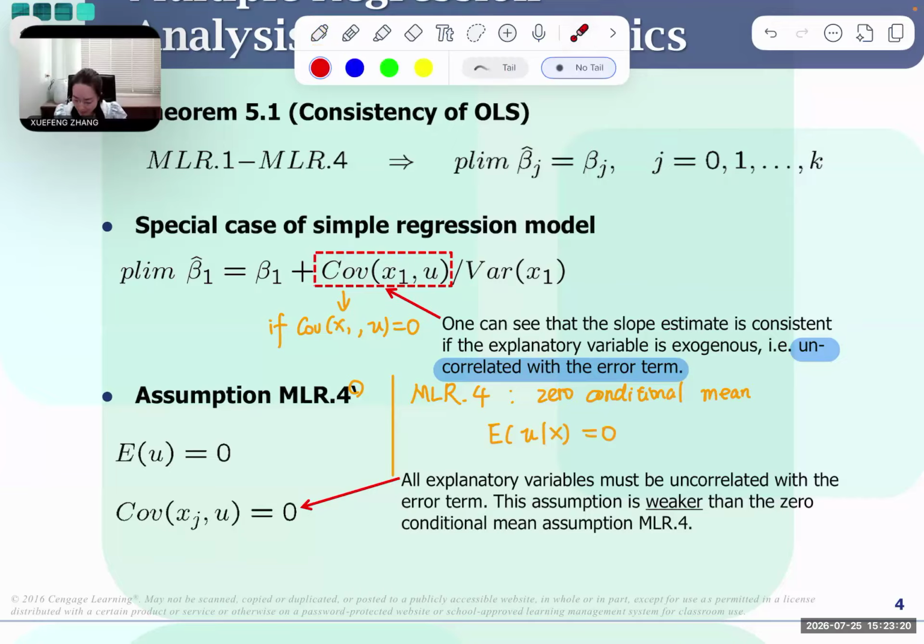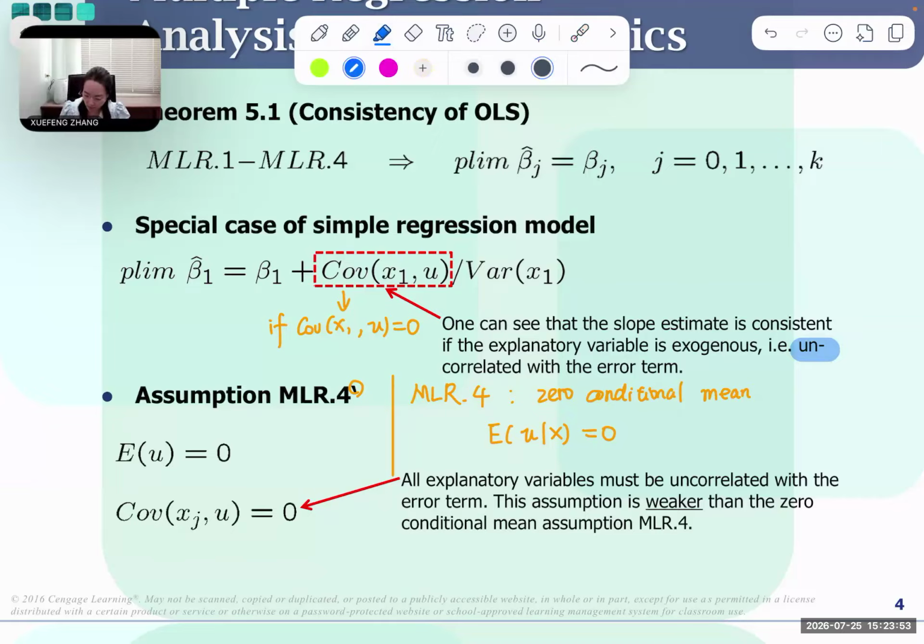Notice that MLR 4 prime is weaker. Zero conditional mean is a very strong statement. It says mu is unrelated to x in every possible way. Zero correlation only rules out linear relationships between x and mu.